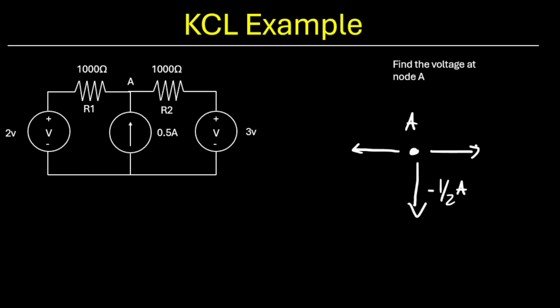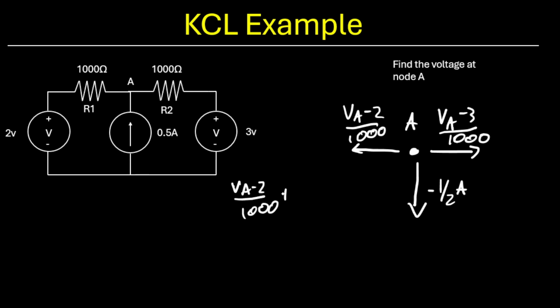All that means is we're going to assign this to -1/2 amp. Then the current going to the right, from Ohm's law, it's going to be VA minus 3 volts over 1,000. The current going to the left is going to be VA minus 2 over 1,000. So if we write this down, we've got VA minus 2 over 1,000 plus VA minus 3 over 1,000 minus 1/2 equals 0.